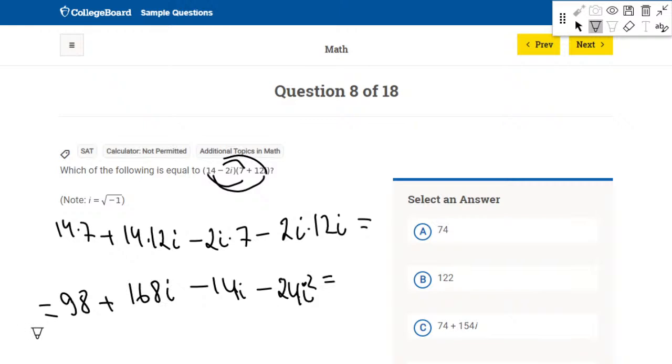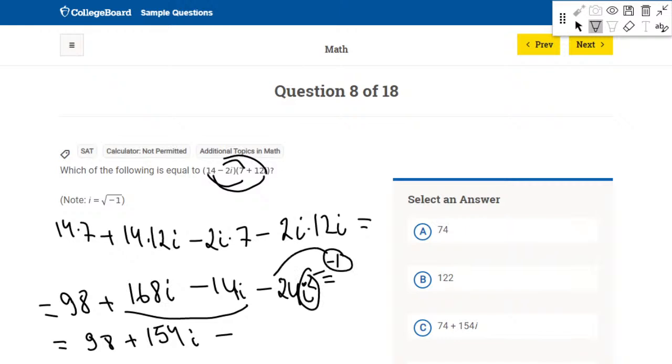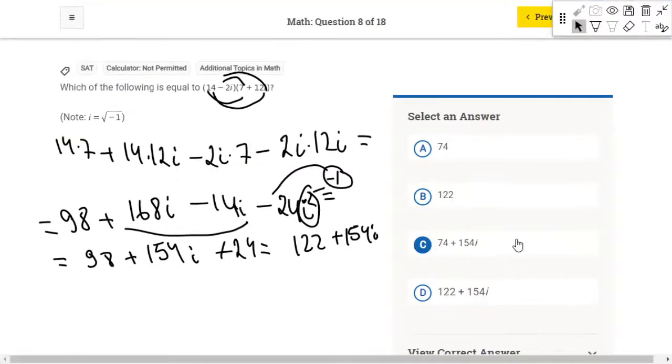This equals 98 plus 154i, these are like terms, minus, what is i squared? i squared is minus 1, so minus multiplied by minus gives us plus 24, and this would be equal to 122 plus 154i. So the answer is D.